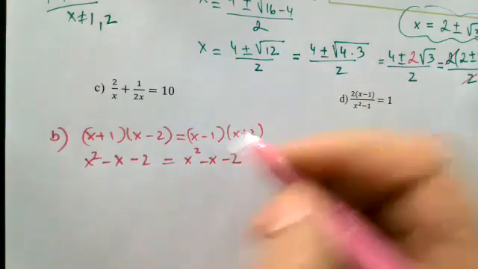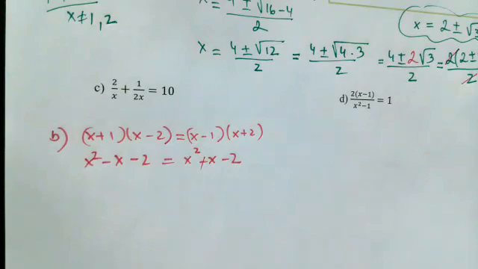Plus x, right, for this one, plus x. So x squared minus x minus 2, x squared plus x minus 2.